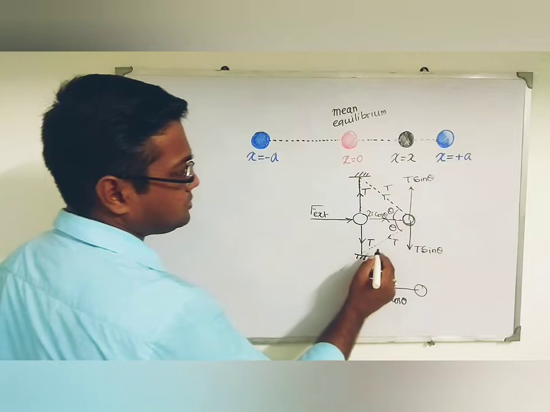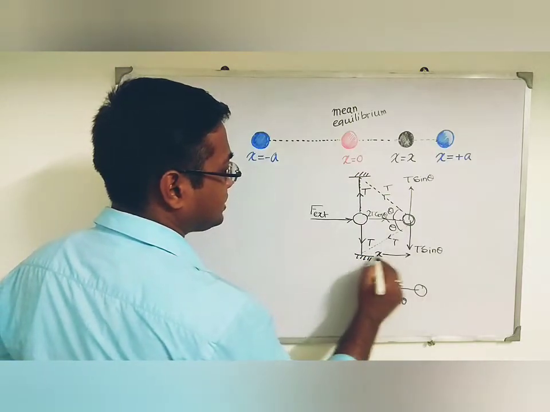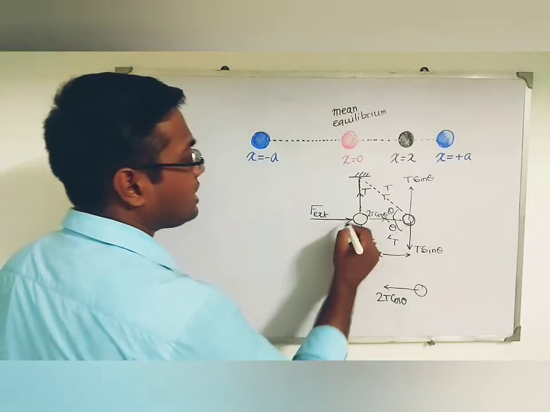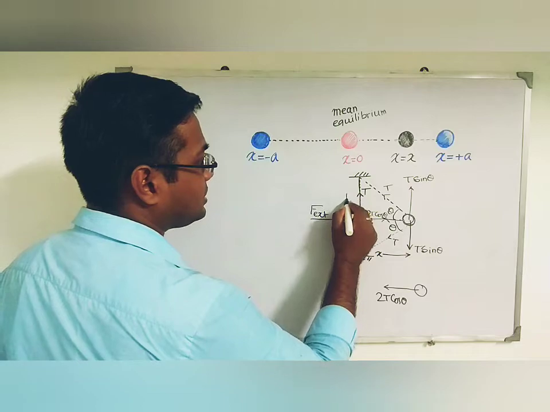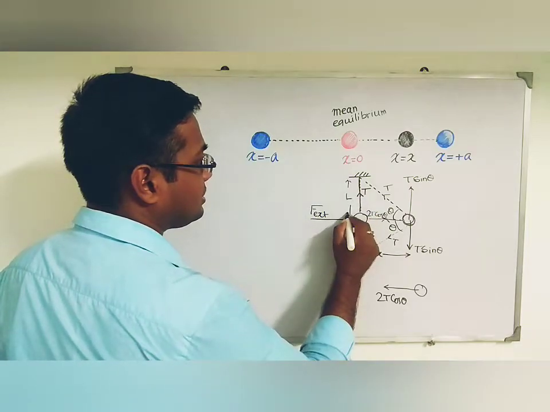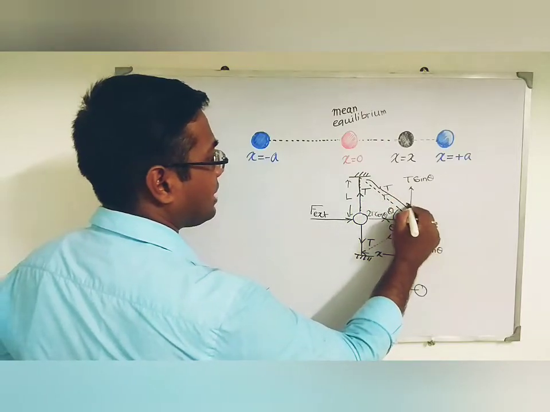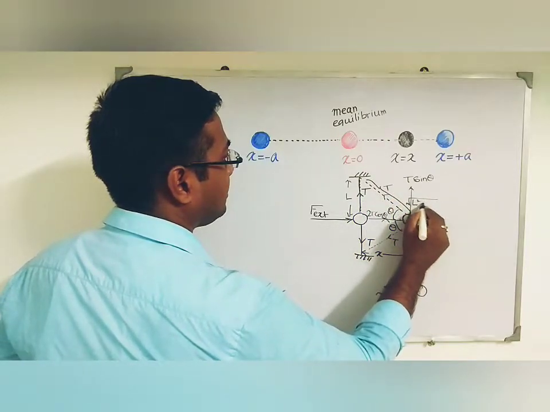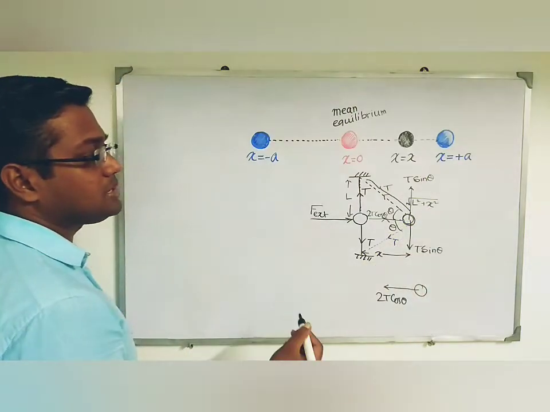Since it is displaced by an amount x, and if the string is of length capital L, then this length can be calculated by the Pythagoras theorem, that is root over of L square plus x square.